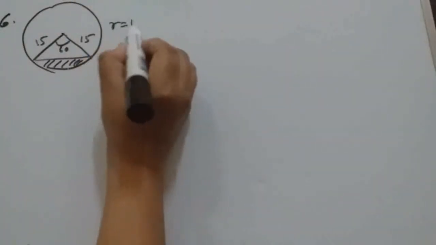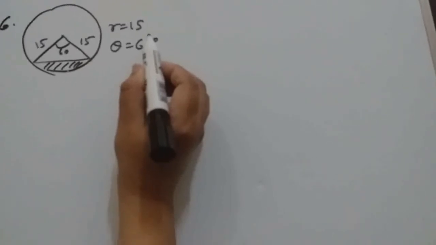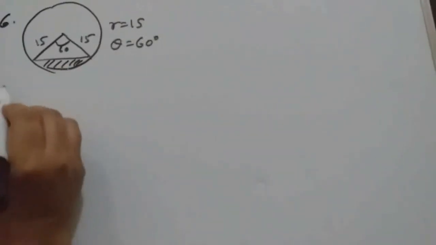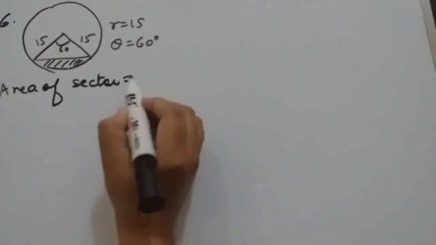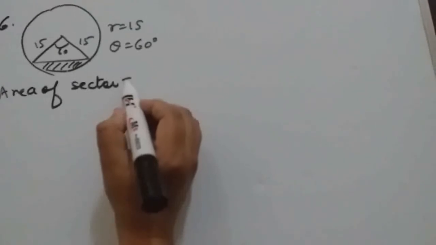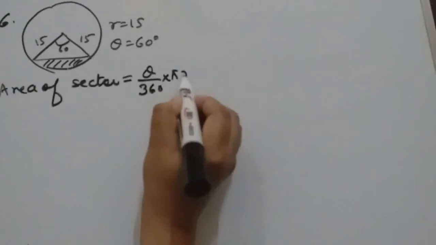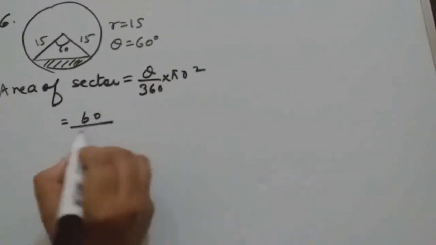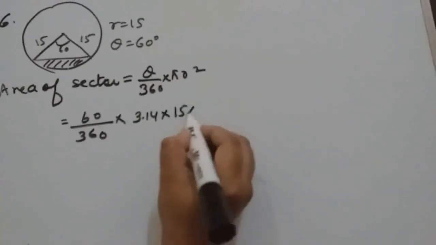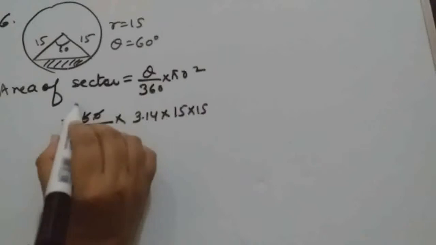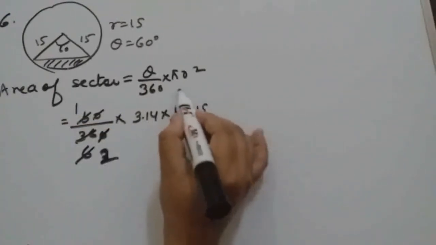So R is given 15 and theta is 60. So area of sector. Area of sector is theta by 360 into pi r square. So theta is 60 by 360. Pi we should take 3.14. R is 15 into 15. So this will go. Then with 3 we can cancel. 3 2s are 6. 3 5s are 15.